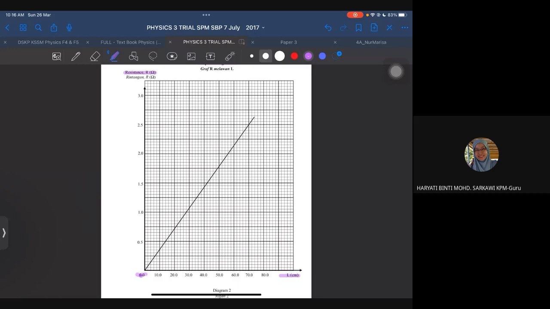Try this first. What is the relationship between R and L from the knowledge that you already have just now? How should you write your answer? Look at the shape of the graph. So what is the relationship between R and L?